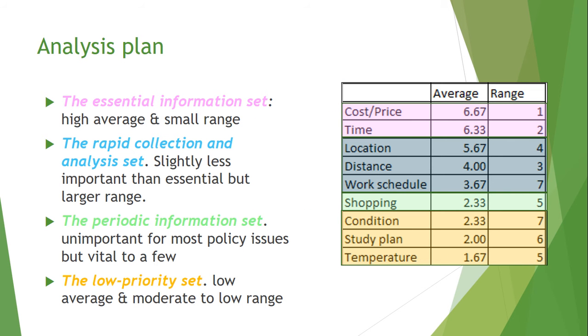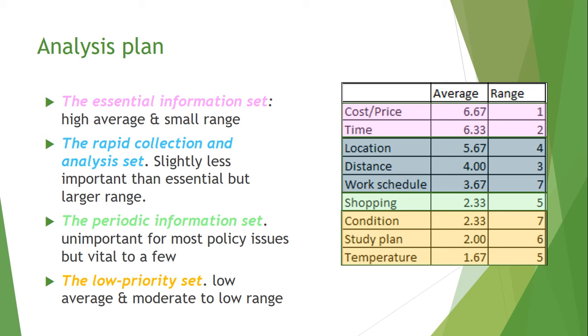For the analysis plan, I color-coded the information so it's easier to see. The essential information set, which had high averages and small ranges, as seen in the table on the right, are cost and time. Their average is 6.67 and 6.33, and the range, the difference between their maximum and minimum, was 1 and 2.